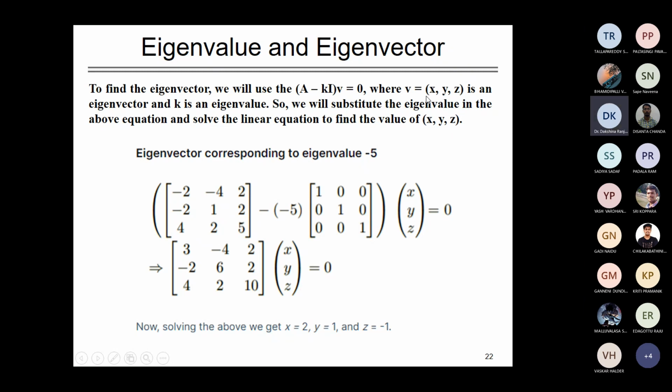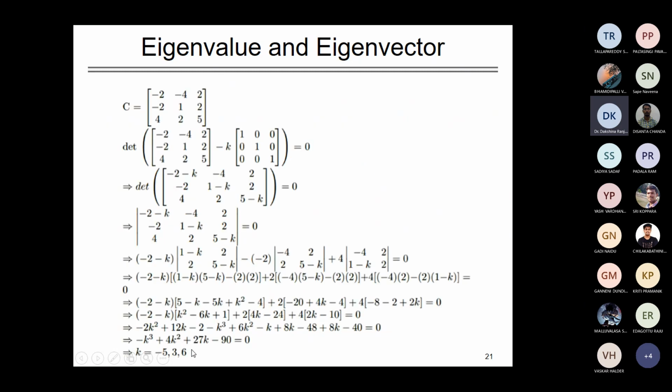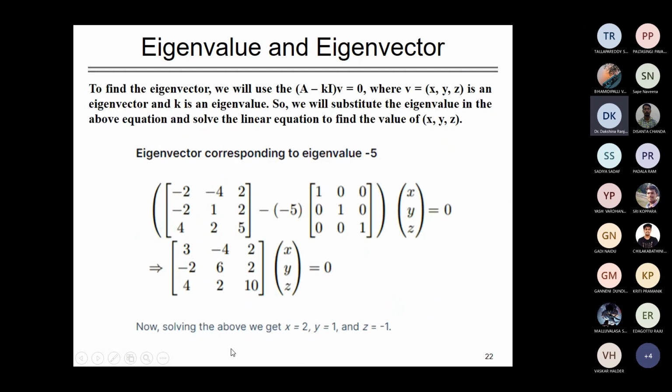For three-dimensional data, we get three eigenvalues and three corresponding eigenvectors. This product (A minus kI) times v will make 0, where k represents the eigenvalue.